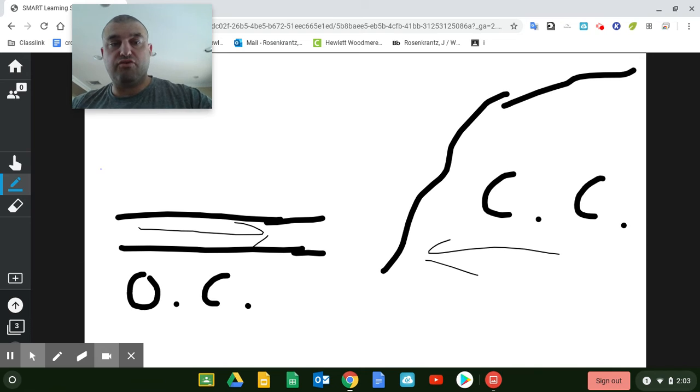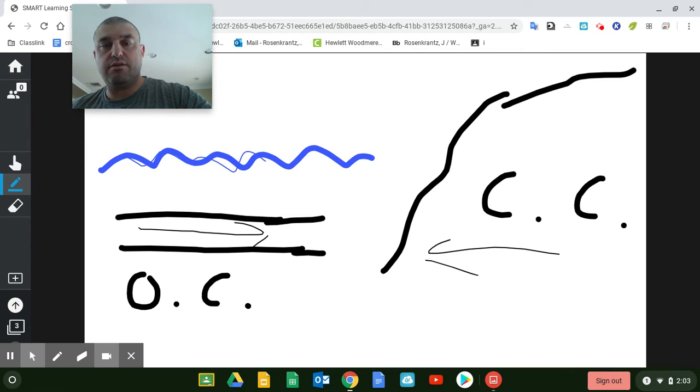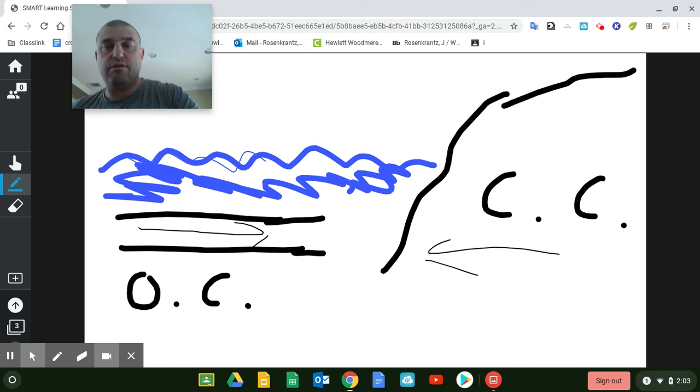Let me draw my ocean here and make it bolder. So here's my water. So the whole ocean crust is under the water. This whole thing is water. This is all ocean. Okay.